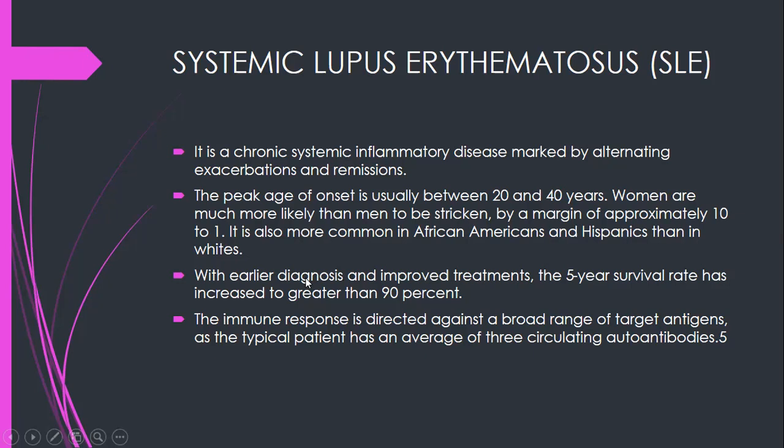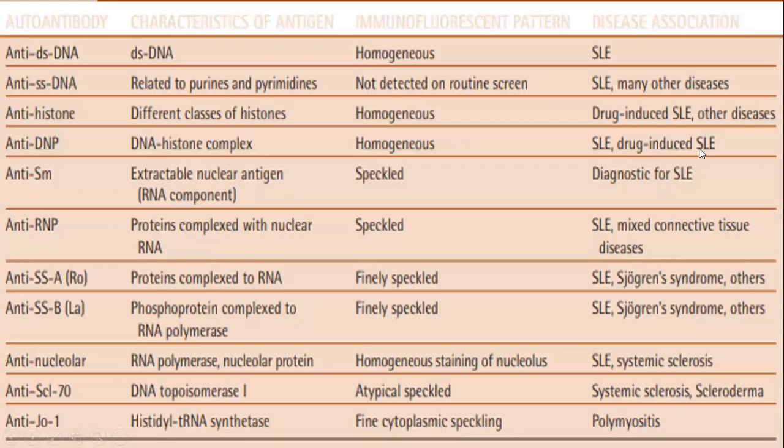Now, with earlier diagnosis and improved treatments, a 90% 5-year survival rate is common for these patients. And the immune response is usually directed against target antigens. No? So you actually have many autoantibodies involved in SLE, such as these autoantibodies. Okay? Now, what I want you to take note of are the following.